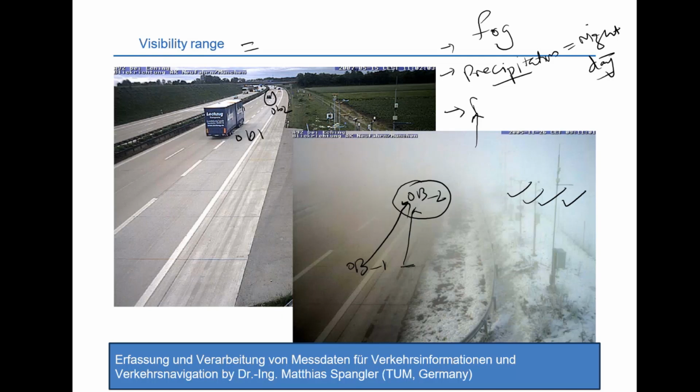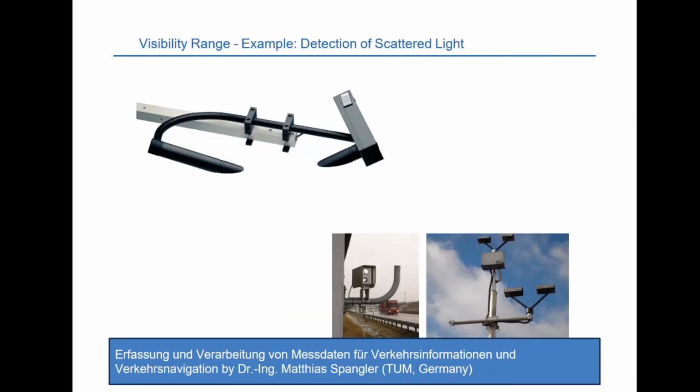And then pavement condition, for example, if the road is wet or if there is snow as well, as you can see here. So how can we ensure that the specific surface is already clear and could be used? Those are different devices which we use to detect visibility through the scattered light system.